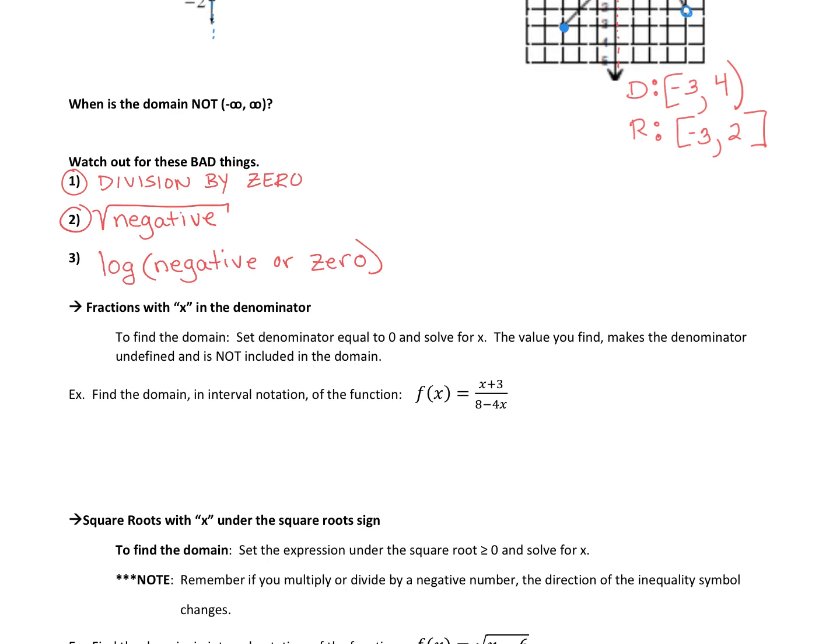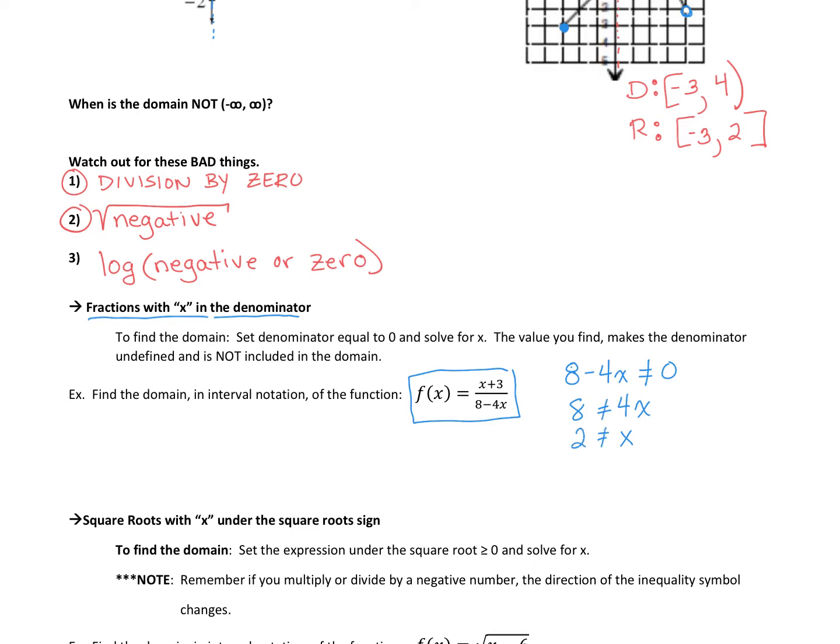The first example I'd like to show you is something where we have an x in the denominator. So, if we have this function f of x equals x plus 3 divided by 8 minus 4x, the domain is all real numbers except things that are going to make that denominator 0. So if we set that denominator equal to 0, we're going to get 8 is equal to 4x, or x is equal to 2.